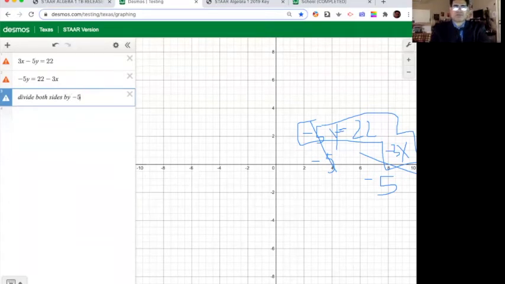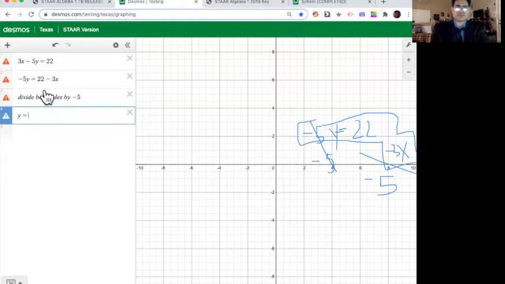That gives us y by itself. Y equals, okay, it gives us this amount, right? And we're going to take a fraction and put that amount over negative 5, right?